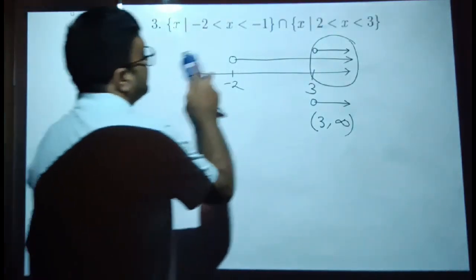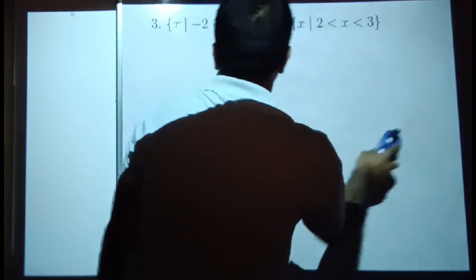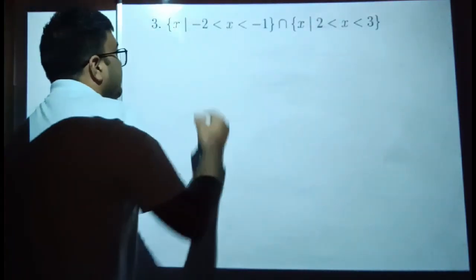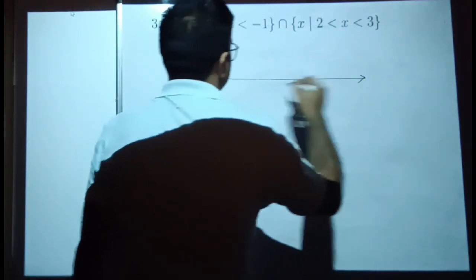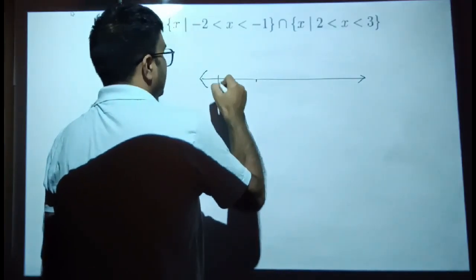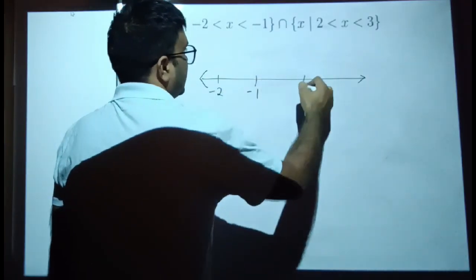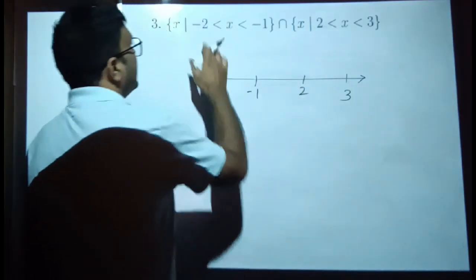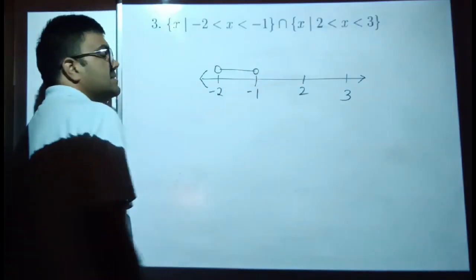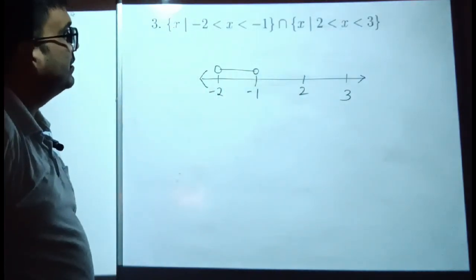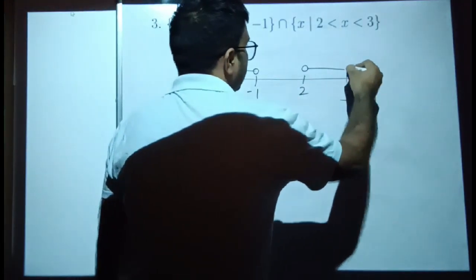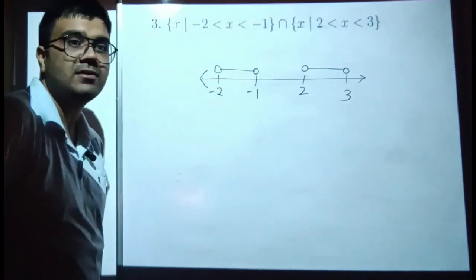Next, this interval is given. We are saying -2 is less than x is less than -1. We have points like this, so we consider -2, -1, 2 and 3. -2 is less than x is less than -1. -2 is not included, -1 is not included. 2 is less than x is less than 3. 2 is not included, 3 is not included.